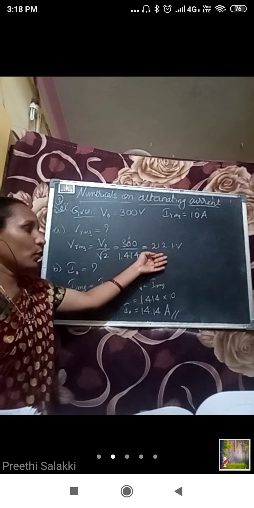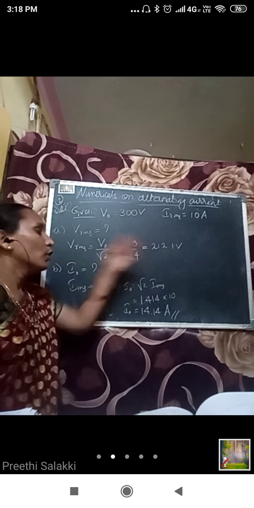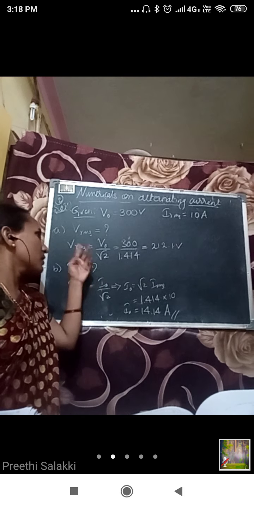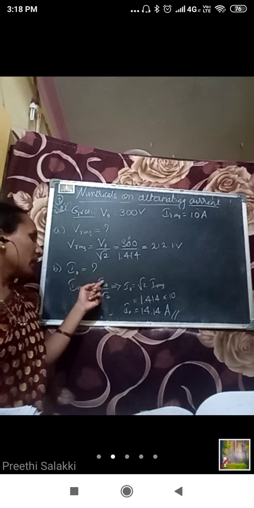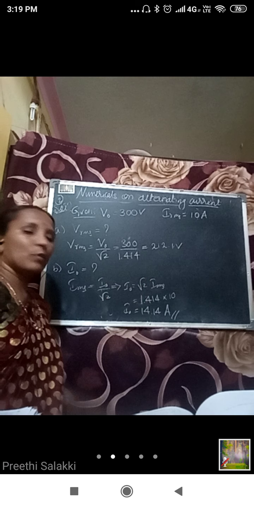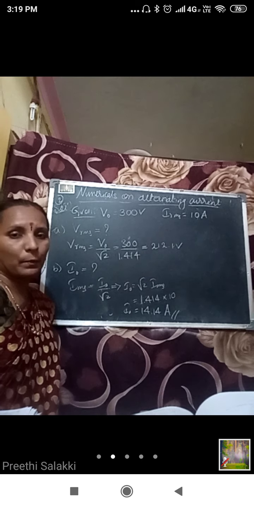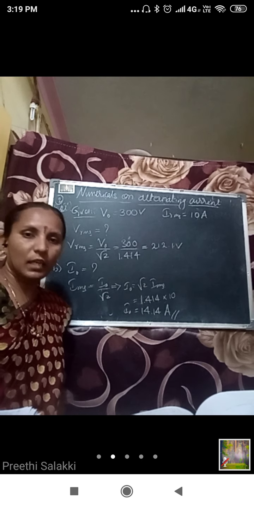You're going to get 212.1 volt as the root mean square value, nearby 220. Then, similarly, using a similar formula with V replaced by I, we want I naught, so cross multiply: root 2 into IRMS. Root 2 is 1.414 into 10 becomes 14.14 ampere. Hope it is clear.